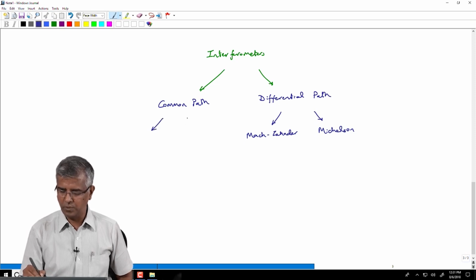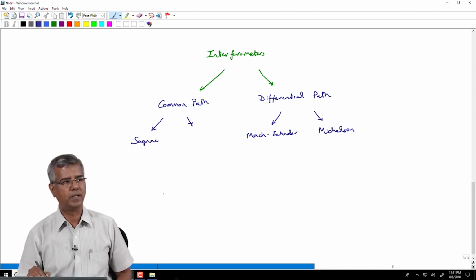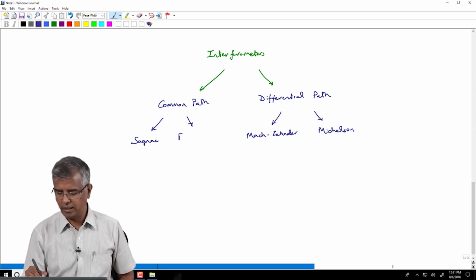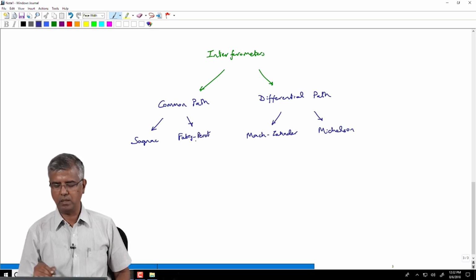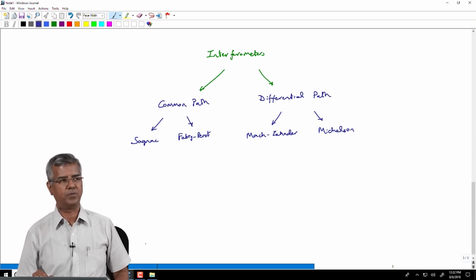When it comes to common path interferometers, one of the most popular common path interferometers is what is called a Sagnac interferometer, and another one that can be put in this category is a Fabry-Perot interferometer. Okay.